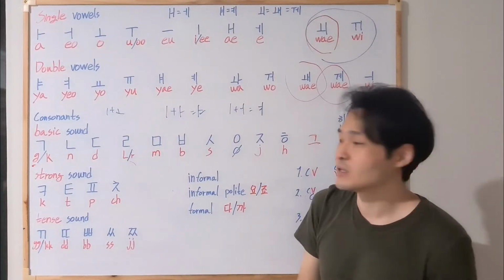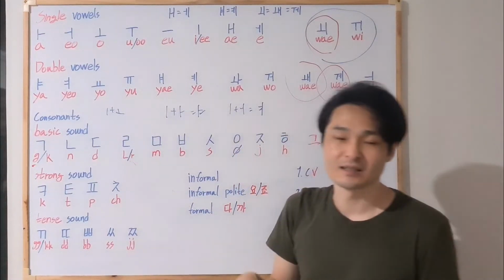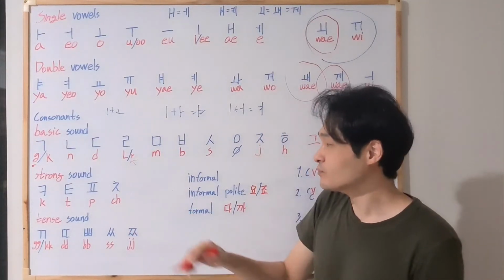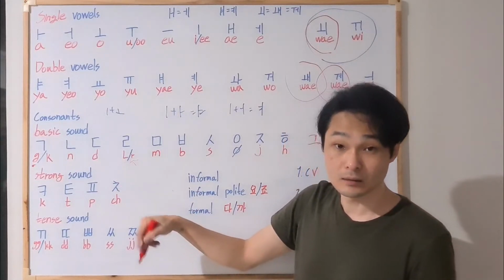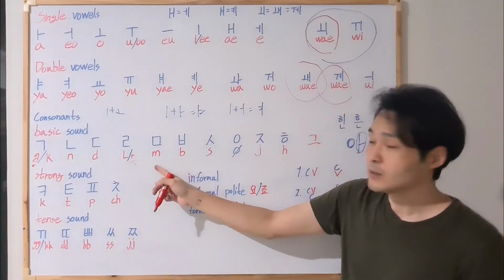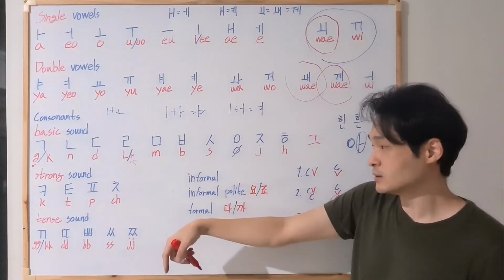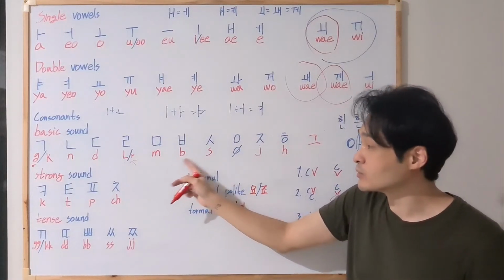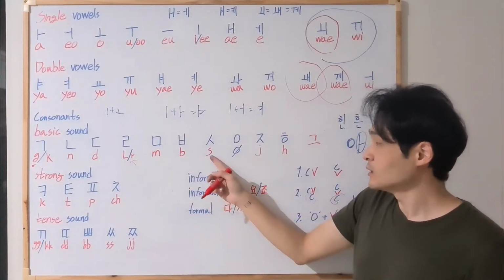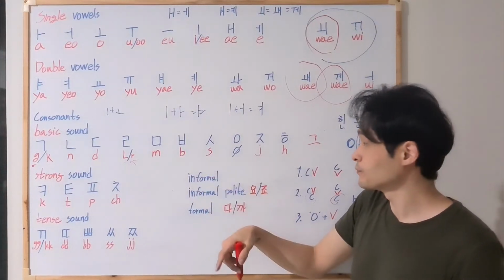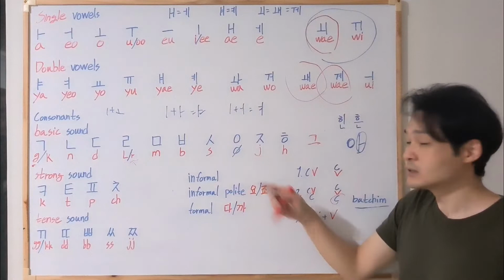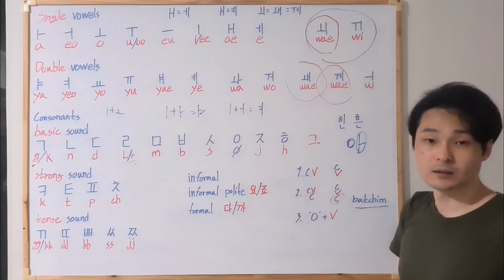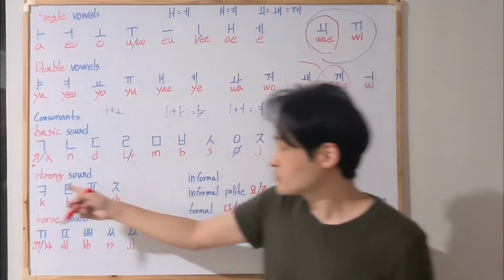But in just some cases, it sounds like R. Can be, but let's be clear. We don't have R sound. Okay? So, 르, 무, 부. 자, it's not P. It's basic sound. B, B, S, S. 이응 has no sound. J, J. Last one, H, H.